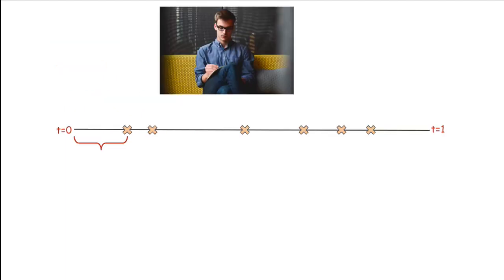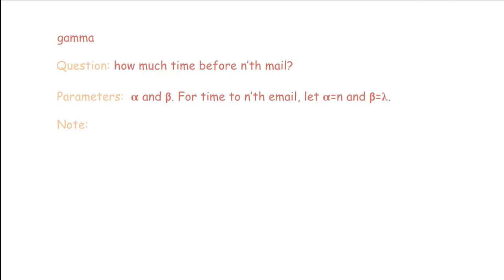And just like the exponential is the equivalent to the geometric for continuous timeline, the gamma is the parallel to the negative binomial and generalizes the exponential to ask how much time to the nth email.